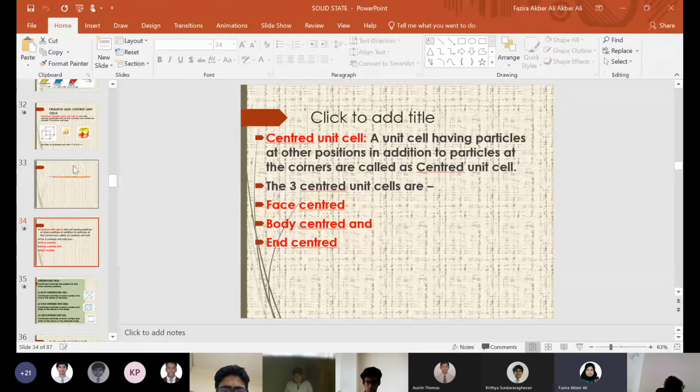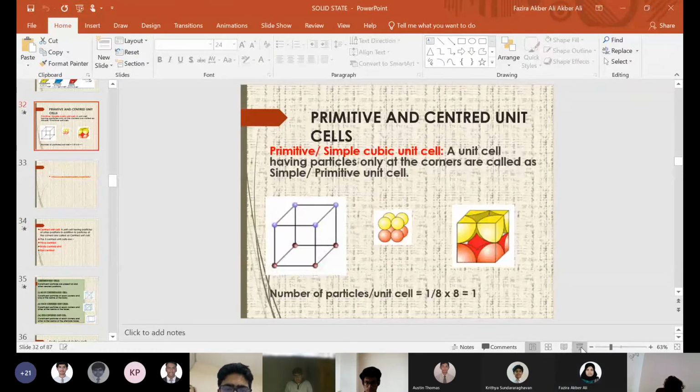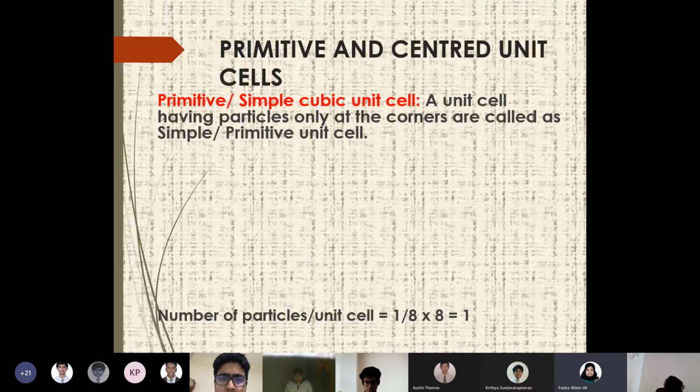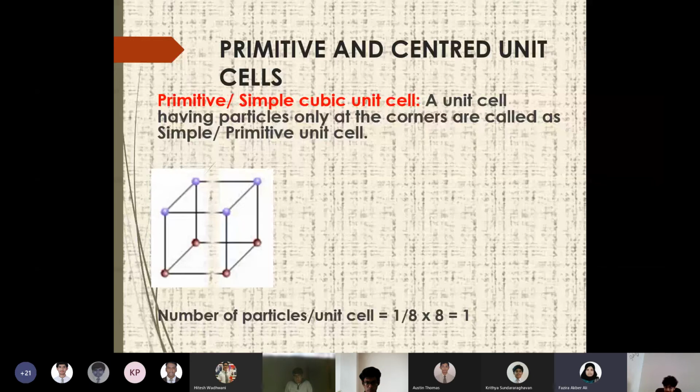So we discussed the primitive unit cell, or the simple unit cell. Primitive or simple unit cell means a unit cell where all the corners are occupied by a particle. When you count the total number of particles, it is 1/8 × 8, that is, the total number of particles is 1.